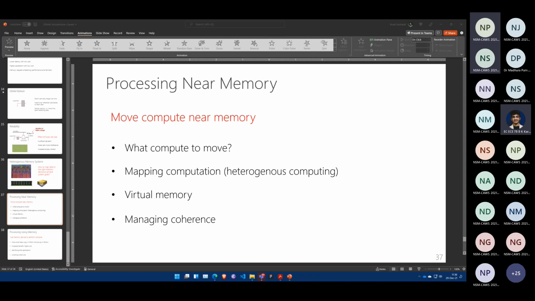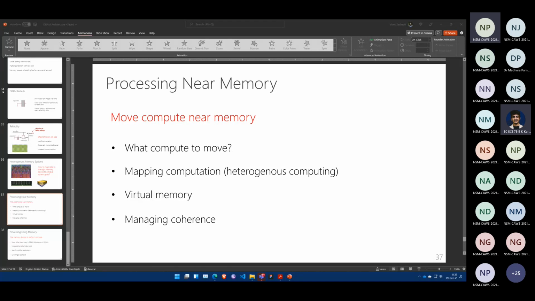Like Professor Madhu mentioned, it is one of the most complex components in the processor today, simply because it has to manage many different parameters. It actually has to talk to two different time domains. The processor is running at 3 gigahertz, 4 gigahertz, while the memory bus is running at a much lower frequency. So there are a whole host of issues that the memory controller has to take into account.